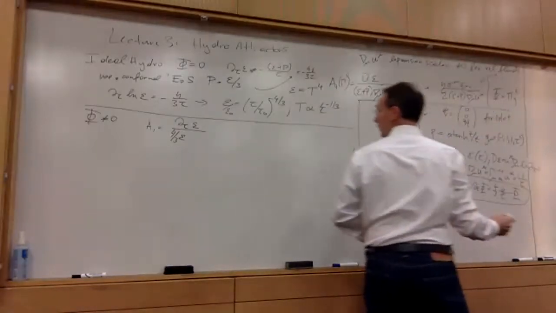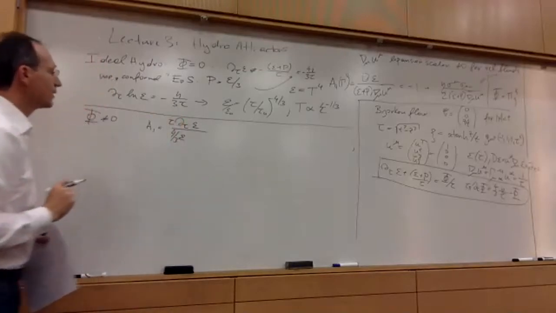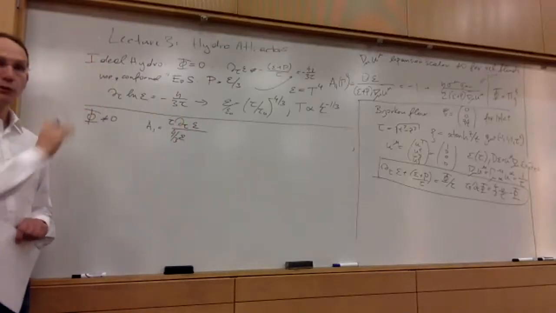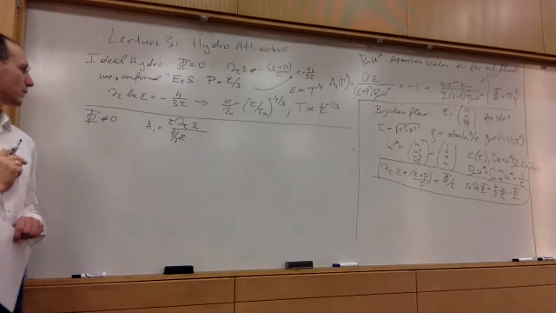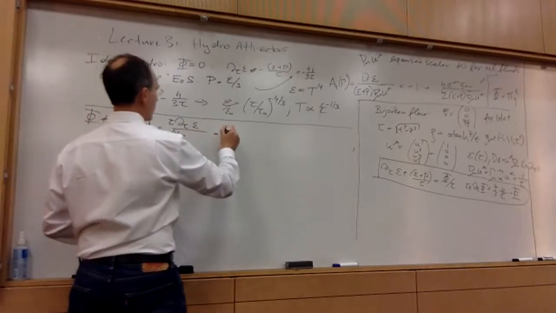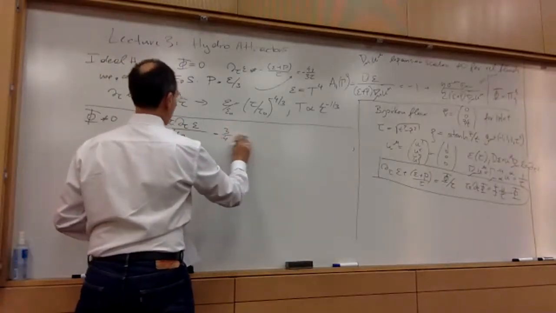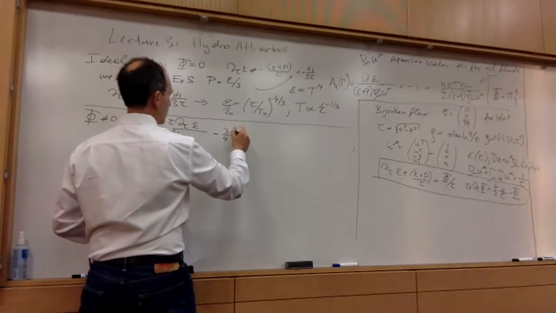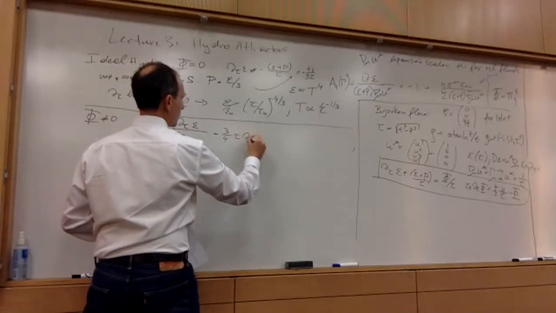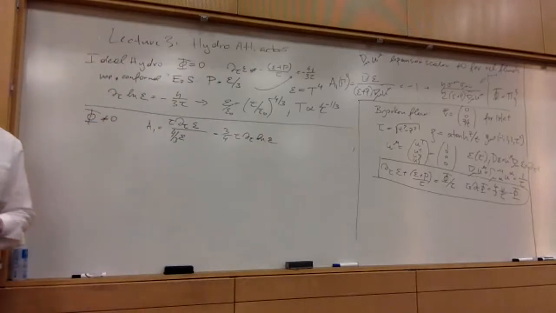That's just 1 over tau. So what we find is that the A1 scaling variable for this Bjorken symmetry is given by this funny combination. And we can write it, for instance, as 3 over 4 times tau d tau log epsilon. That's the scaling variable.